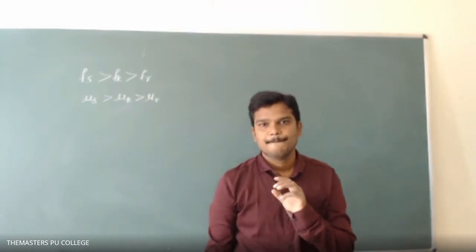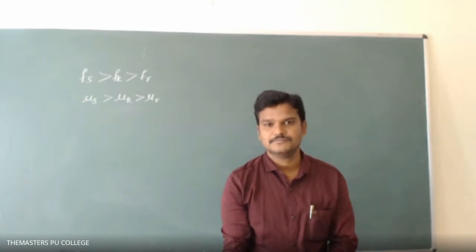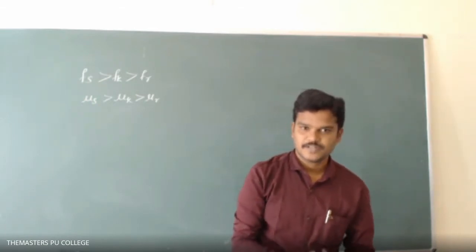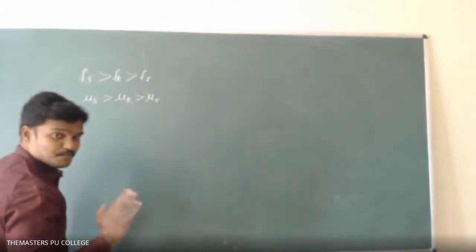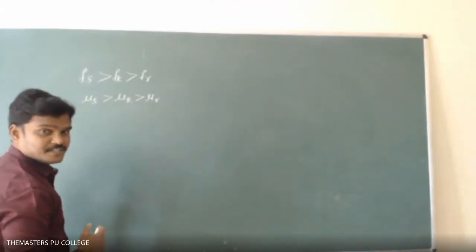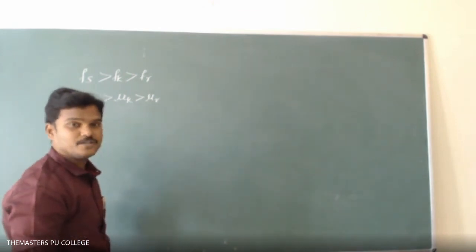Now let me continue with some basic level problems and the next concept. Before that, let us see. We know already if a block is placed on a horizontal surface, then normal reaction force is balanced by the weight of the block.